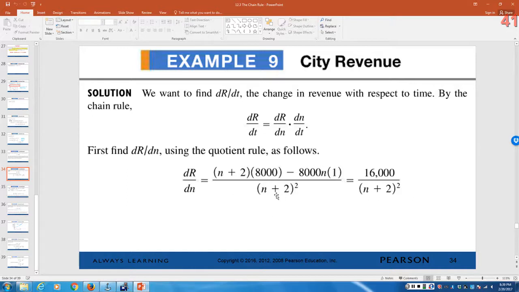Then you're going to take n plus 2 and multiply it by the derivative of the numerator, and the derivative of the numerator is just 8,000. Then you're going to subtract the numerator, which is the 8,000n, times the derivative of the denominator, but the denominator is n plus 2, and its derivative is just 1.